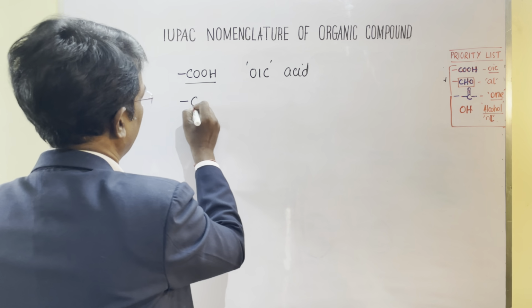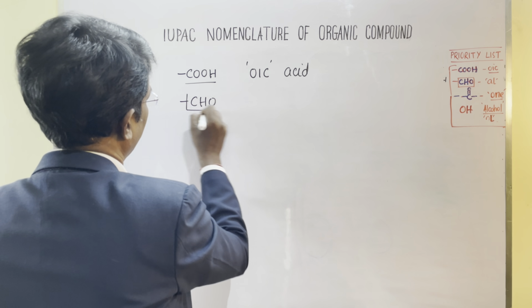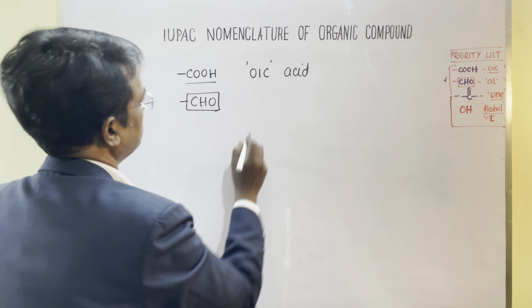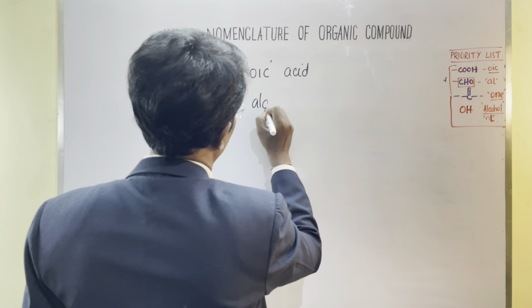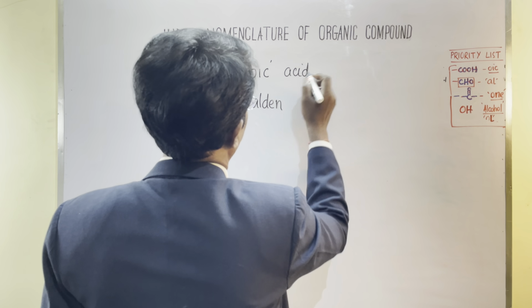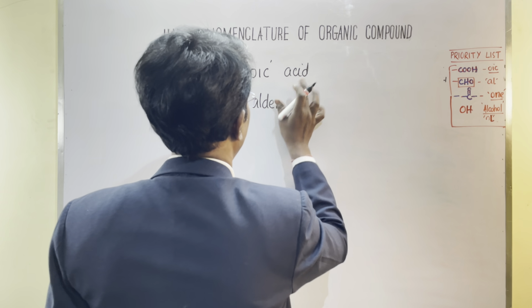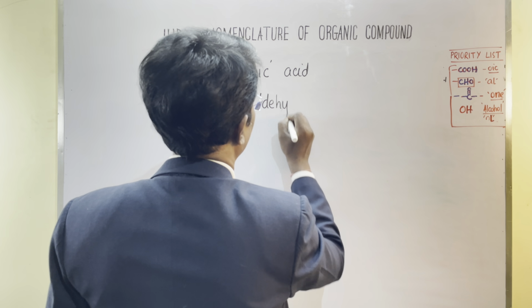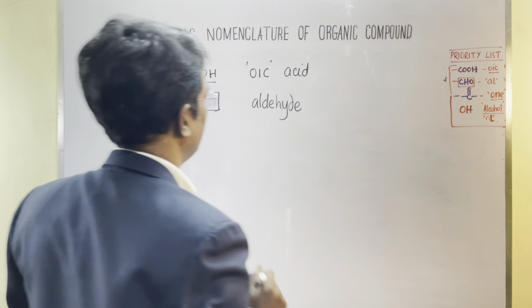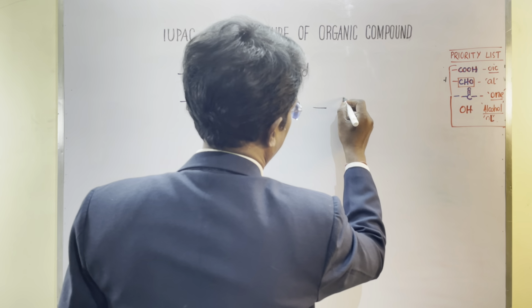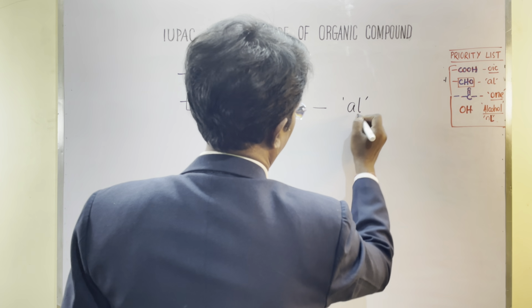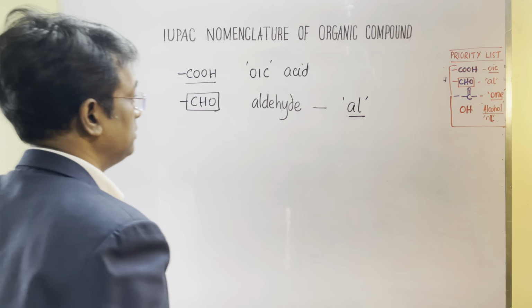CHO, as most of you know, is the aldehyde group. It is called aldehyde, and it is represented as al at the end, as a suffix.